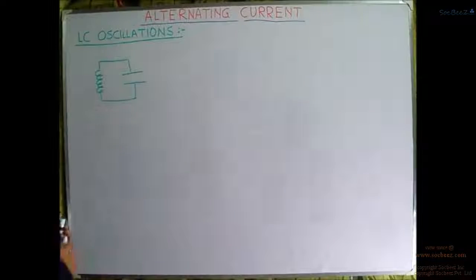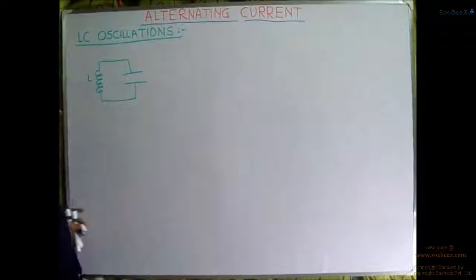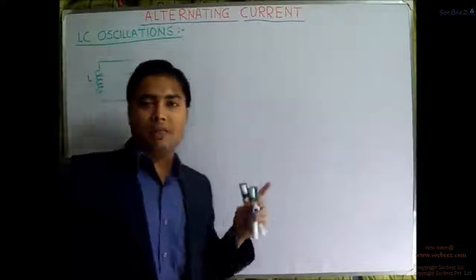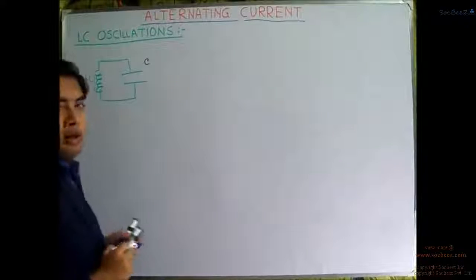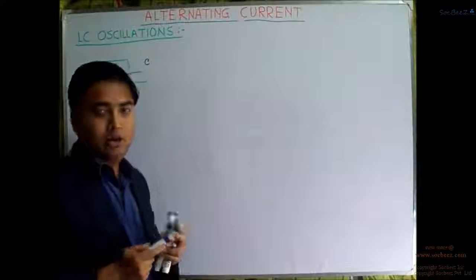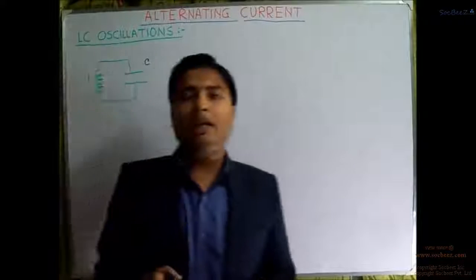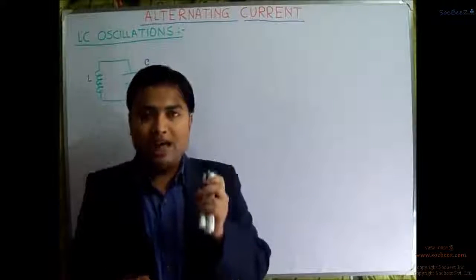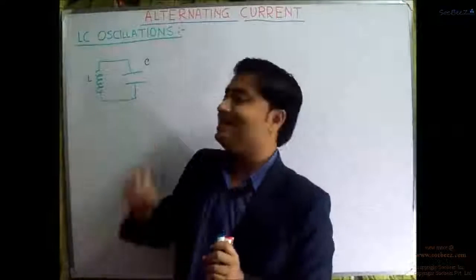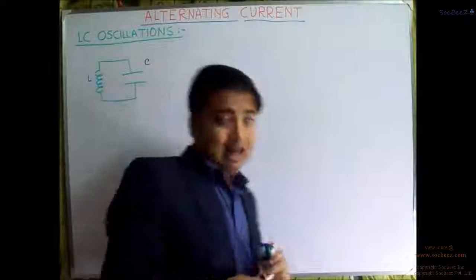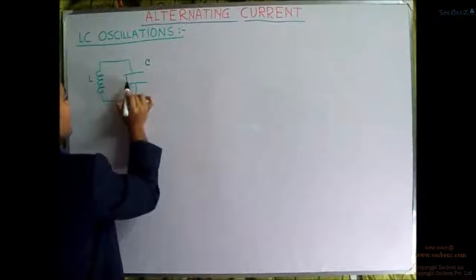The value for self-inductance of this inductor will be equal to L, and the value of capacitance of this capacitor will be equal to C. Now in this particular scenario, if we take that initially a charge of, say, capital Q is already present in this capacitor, then the scenario will be like this.